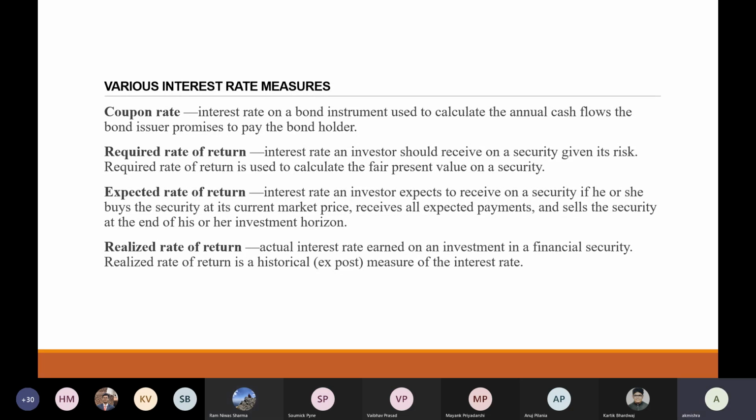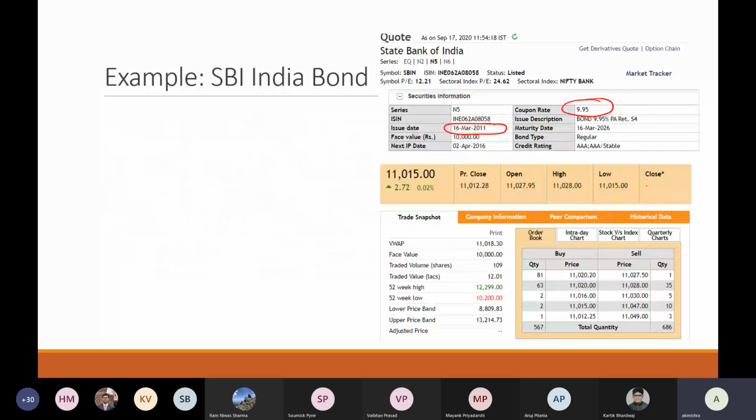In this case, if you remember, we assumed that 8% is, let's say, the prevailing interest you can earn on your bank deposit. So we assumed that it is going to be the same for the entire period. That's what we have assumed.